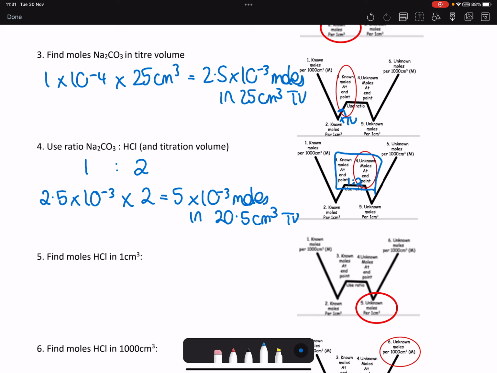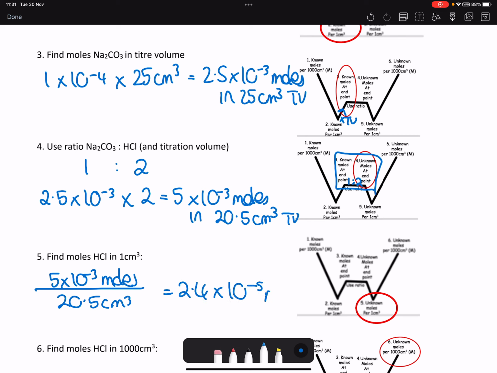So if it's 5 by 10 to the minus 3 and 20.5, we have to divide it by 20.5 centimetres cubed to get 2.4 by 10 to the minus 5 moles per centimetre cubed. So in this case, we've gone down here now. So when we go down, we said it's a division, and we divide by the titer volume on that side. So in this case, the acid.